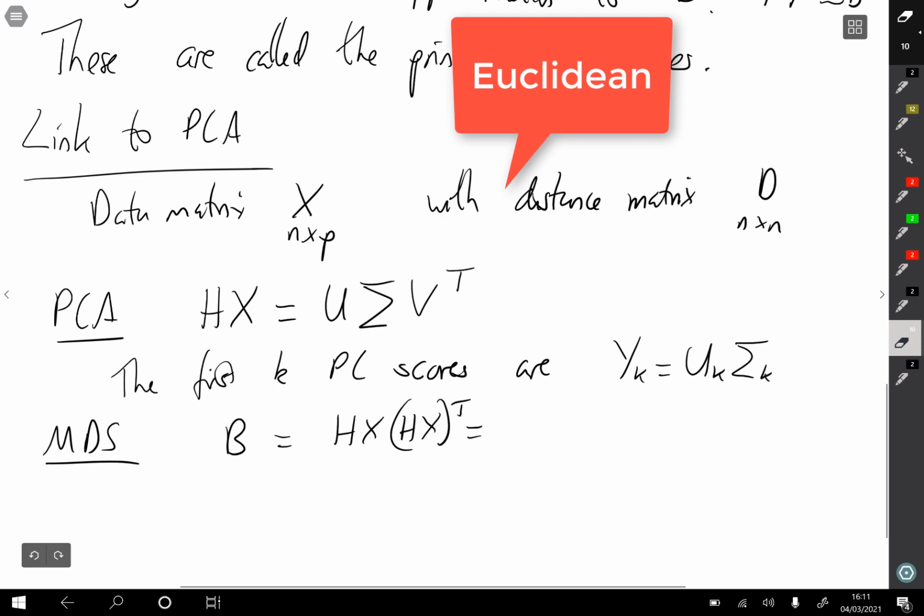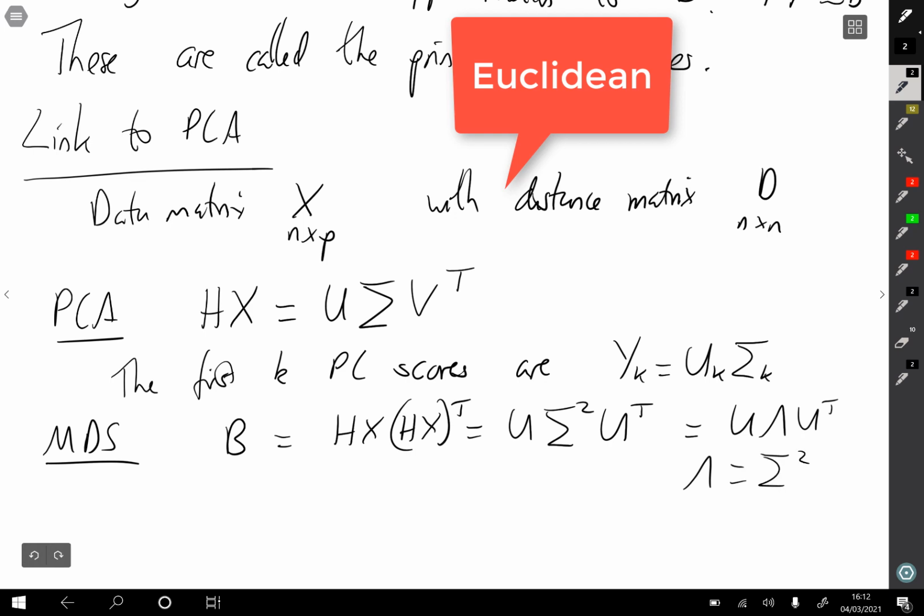If we substitute in the singular value decomposition of HX, we get that this is U sigma squared U transposed, or U lambda U transposed, where lambda is sigma squared.